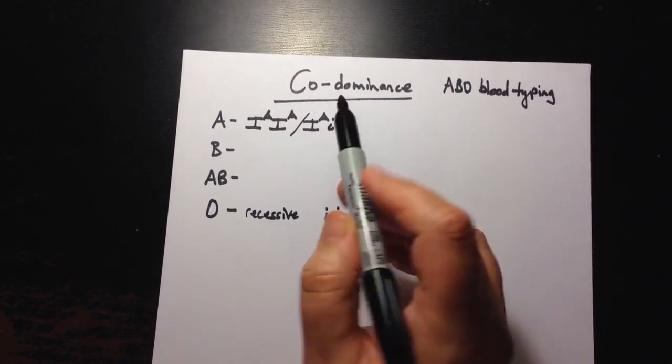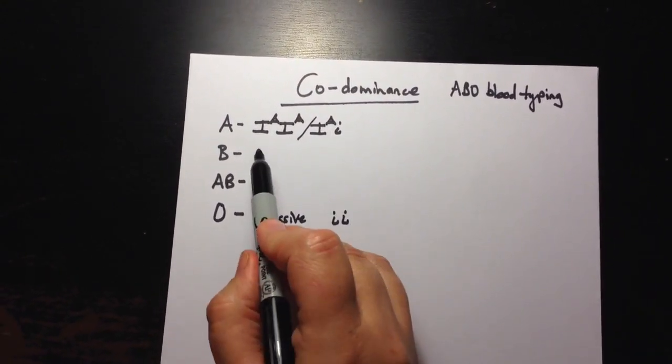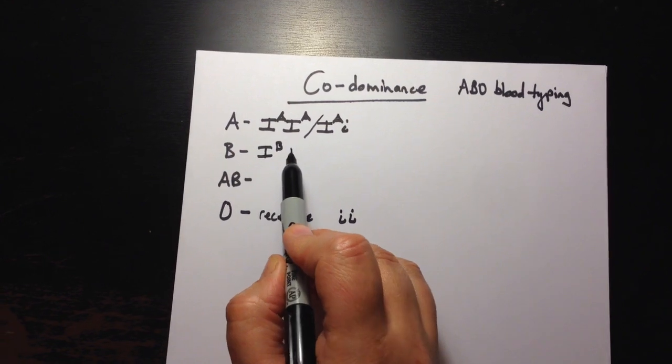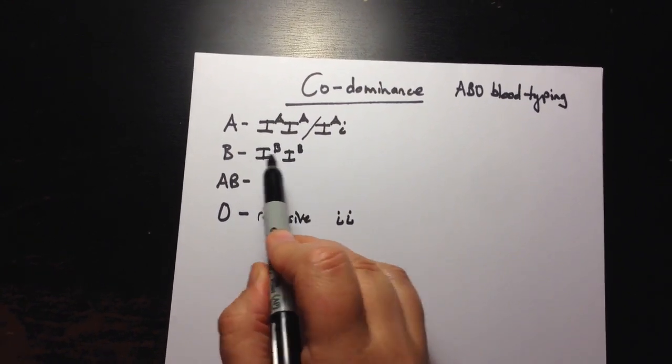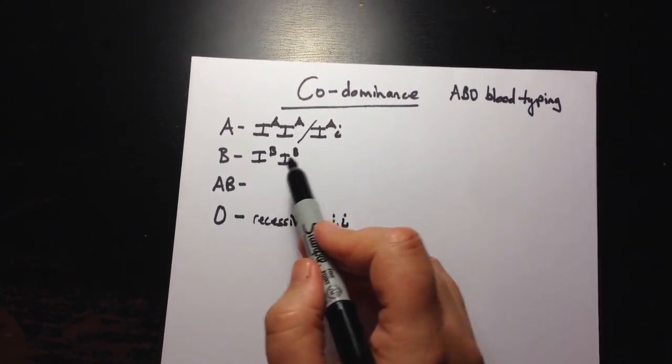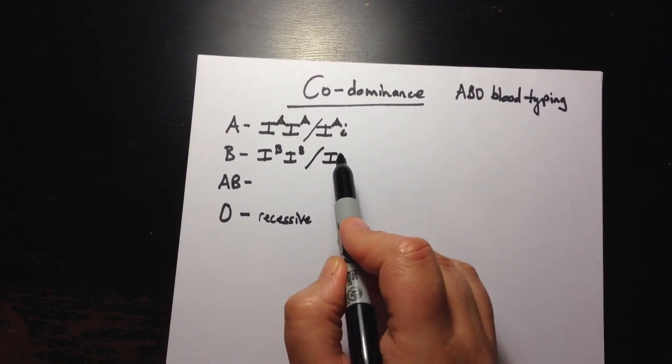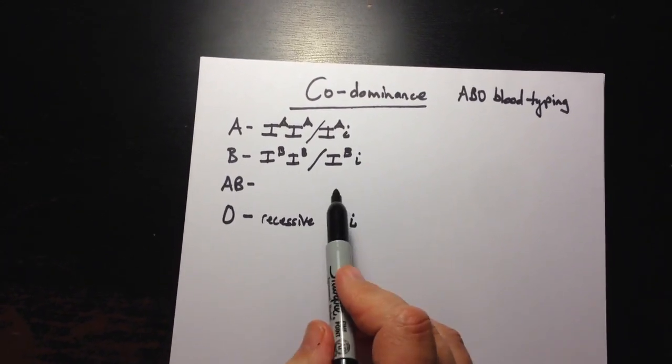But both of those are considered type A blood. The same thing happens with type B blood. You have two dominant alleles together in the homozygous dominant condition, or you could have the heterozygous condition.